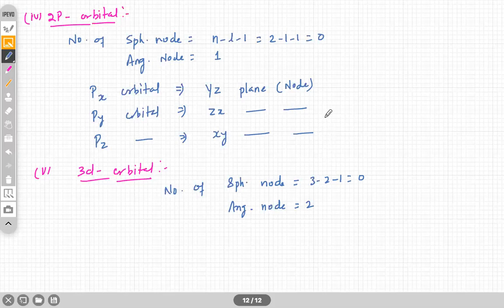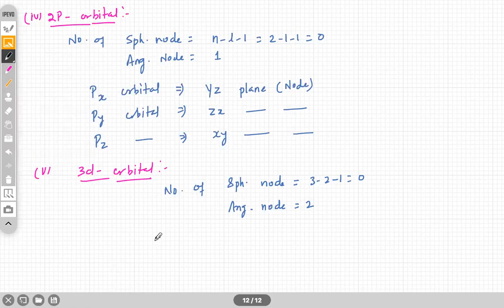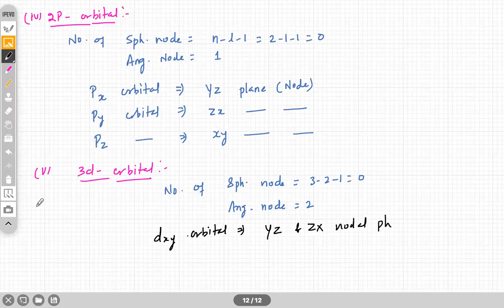Right. So it has two nodal planes, and no spherical node, right? So if it is a dxy orbital, the perpendicular planes for this are yz and zx. These two are the nodal planes for the dxy orbital.